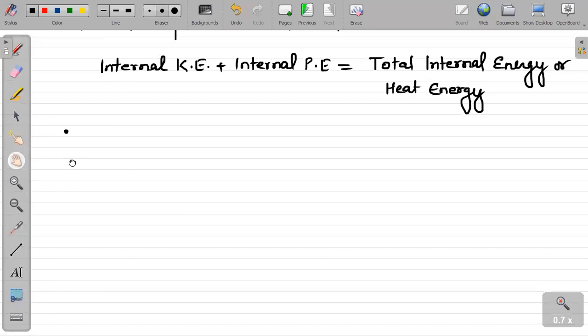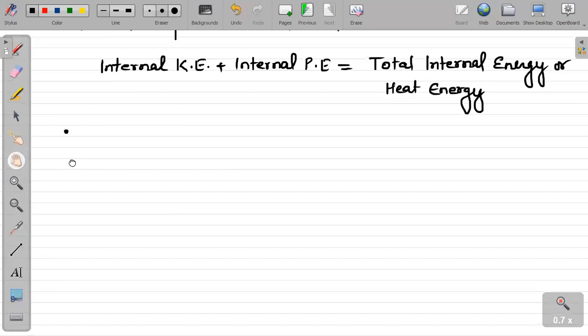The latent heat, instead of raising the temperature, is utilized to change the force of attraction between the molecules of a substance. इसको underline कर लो. Since temperature remains constant, the absorbed heat has no effect on the speed or average kinetic energy of the molecules.